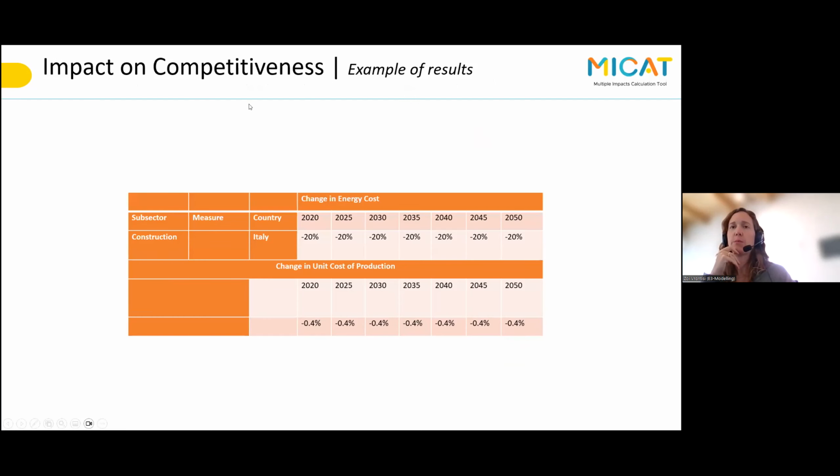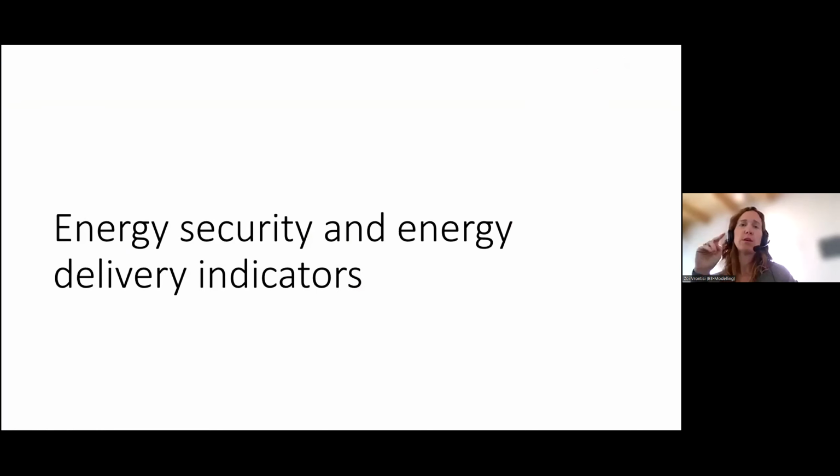And just to give an example here, we take the construction sector, see the type of measure that could bring, for example, around 20% of reduced energy costs, and see how this would then result in changes in the unit cost of production. Now, along with these macro-related indicators, we have also developed the energy security and energy delivery indicators that my colleague Frederic can describe in more detail.